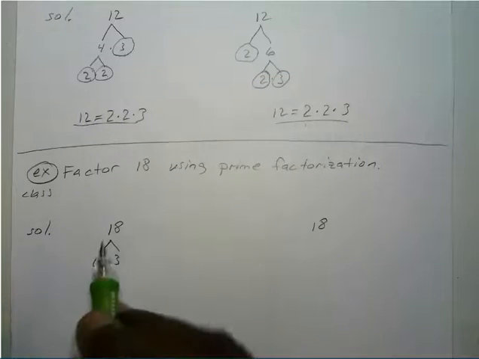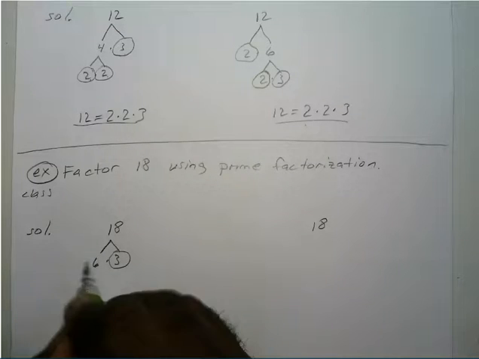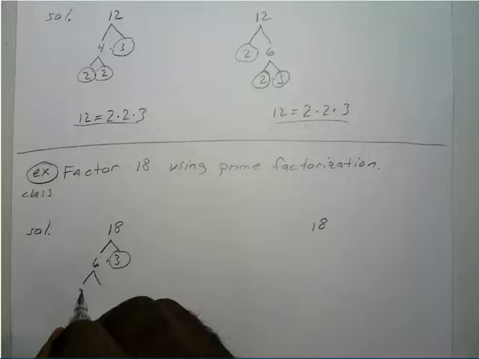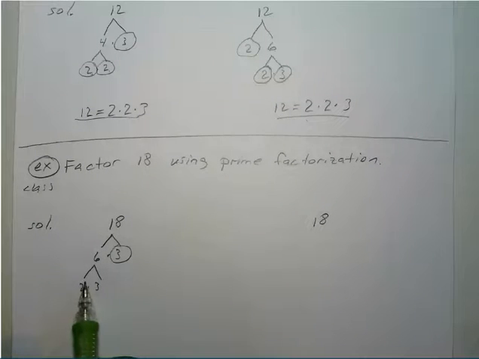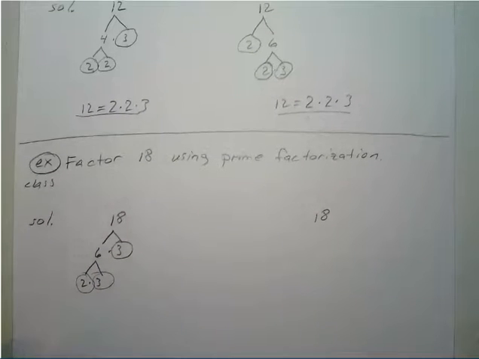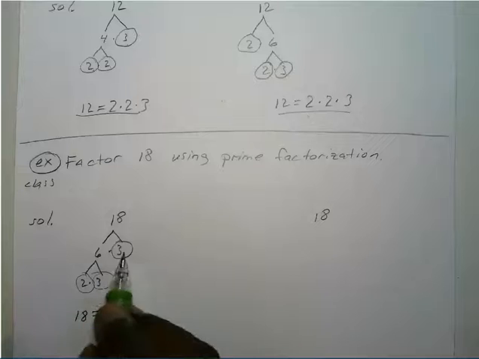This 3, we can't do anything else with that one. That can't be factored anymore, so we go ahead and circle it. The 6 can be factored to 2 times 3. The 2 can't be factored anymore. The 3 can't be factored anymore, so we go ahead and circle them. So we have 18 equals 2 times 3 times 3.